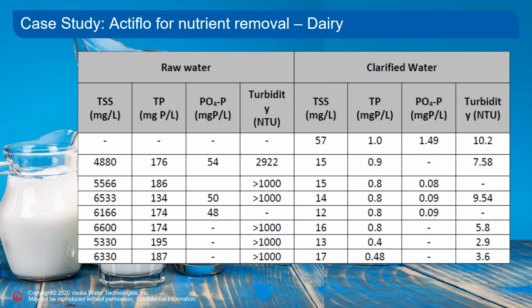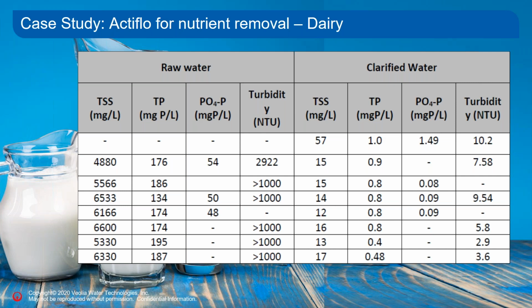So let's examine a very interesting case study for a dairy wastewater, where we were working to achieve less than 1 milligram per liter of phosphorus in the effluent from our aerobic system. So look at the TSS concentrations we're talking about here. Since it's an activated sludge system that was run at a very high concentration of TSS, the TSS on the left is in a range of 5 to 6,000 milligrams per liter with a total phosphorus of close to 200 milligrams per liter.